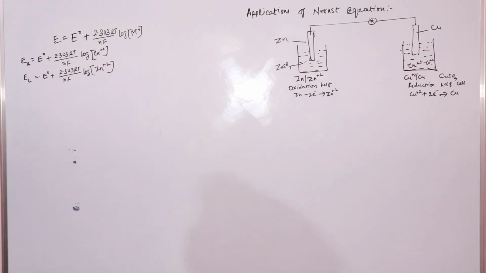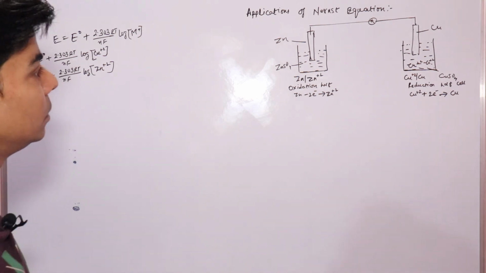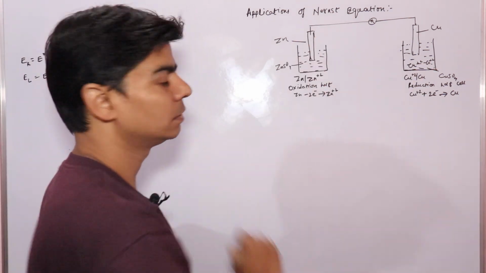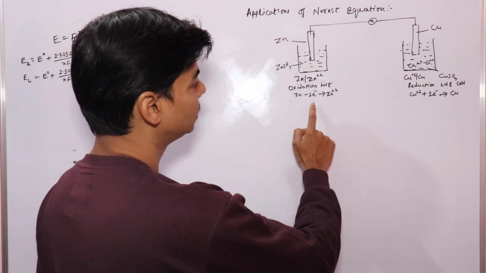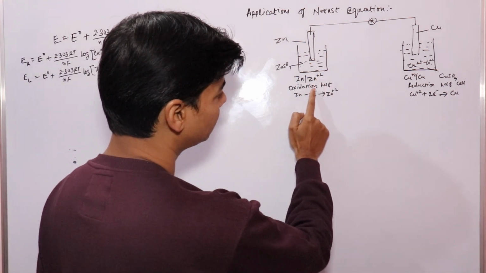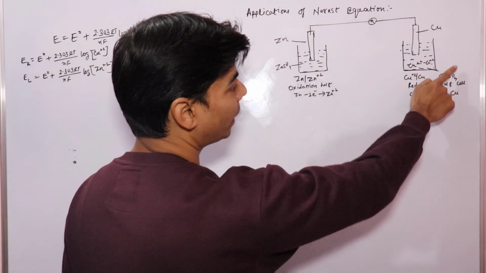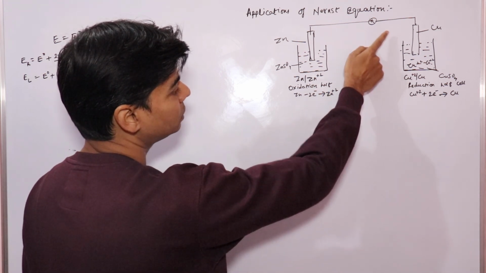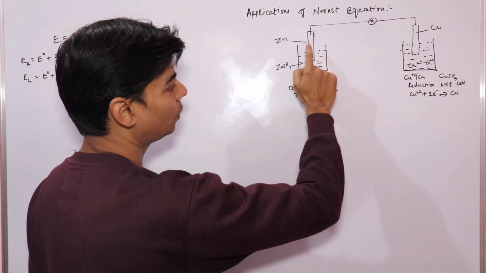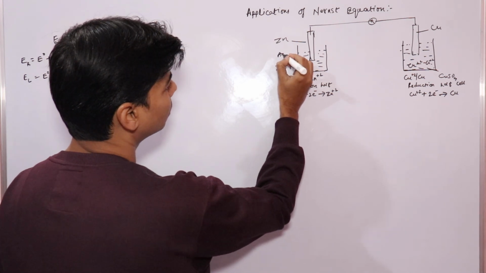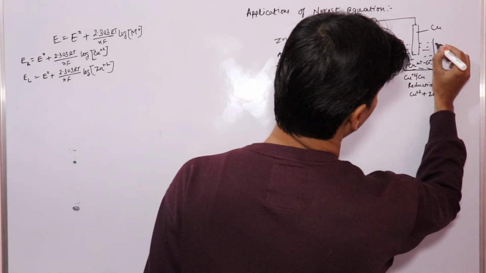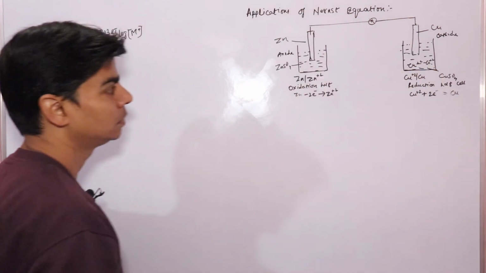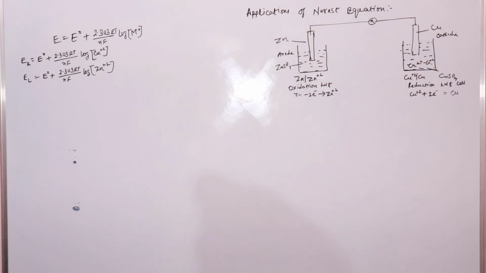Now we know that electrons are flowing from zinc through the copper wire to copper, that is from anode to cathode, and current is flowing from cathode to anode in the outer circuit.